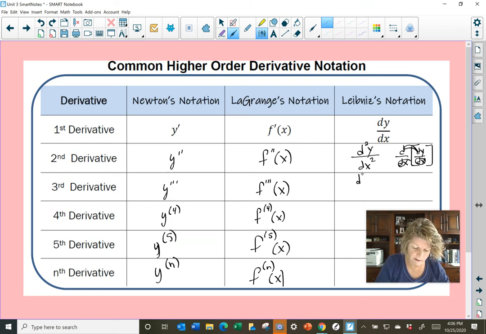Triple, well, these are going to be all the same kind of fashion as that second derivative.